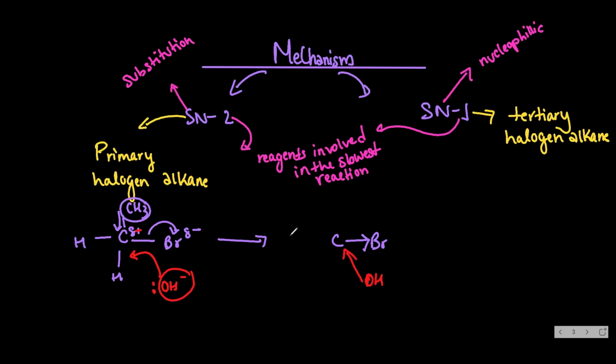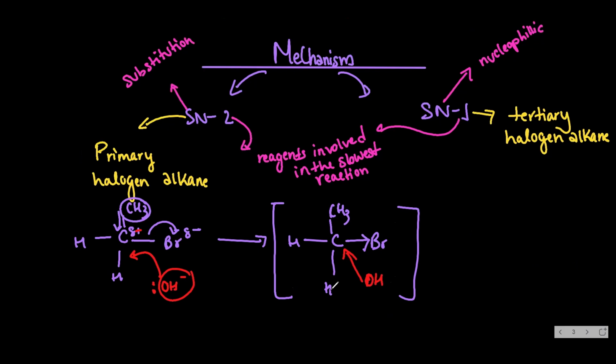So there's a point in the reaction where we have 5 groups attached. It looks like they're attached, but bromine is leaving and your nucleophile is coming in. We call this state the transition state, where the carbon's bond is about to break and another bond is about to form, and we have 5 groups attached to it.